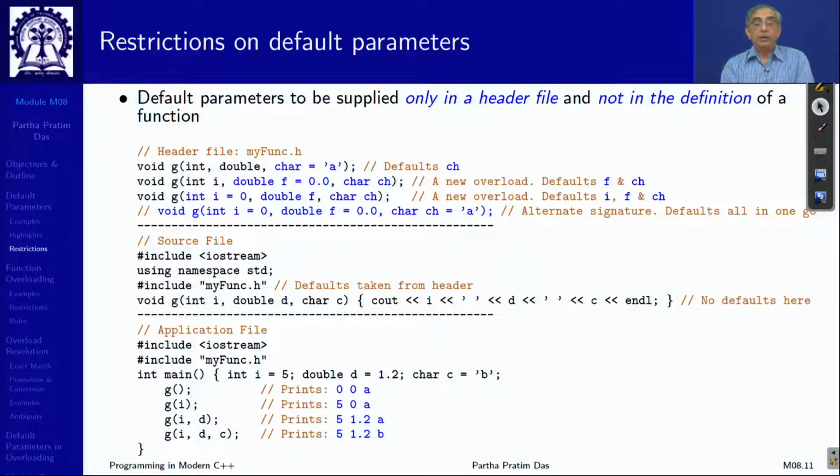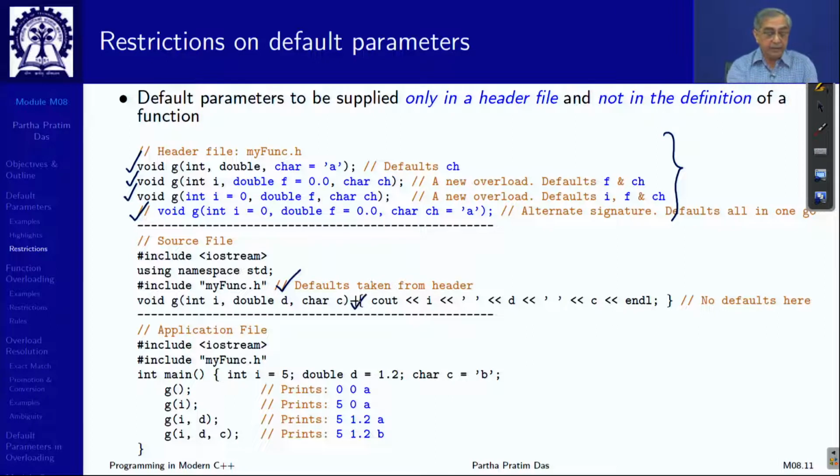Another, which is kind of a programming practice, not a language specification strictly, is that you always provide the default parameters in a header file. Right. So, here I have three overloaded functions, we will see what overloads mean, or I can have this signature of G with all three parameters defaulted, have them in the header file, and then I include this header file to define the function.